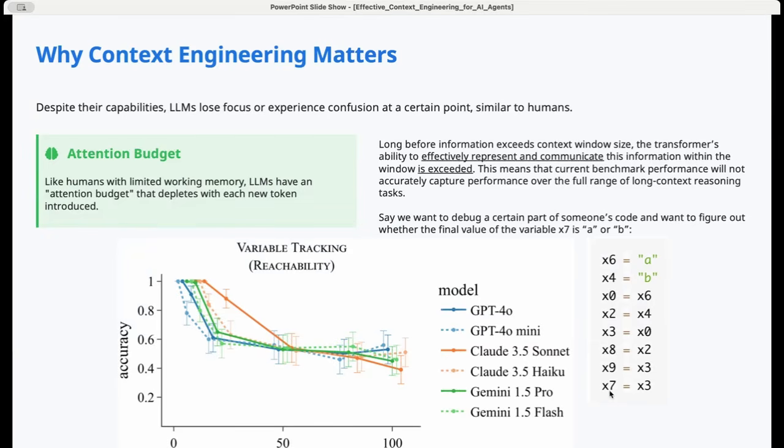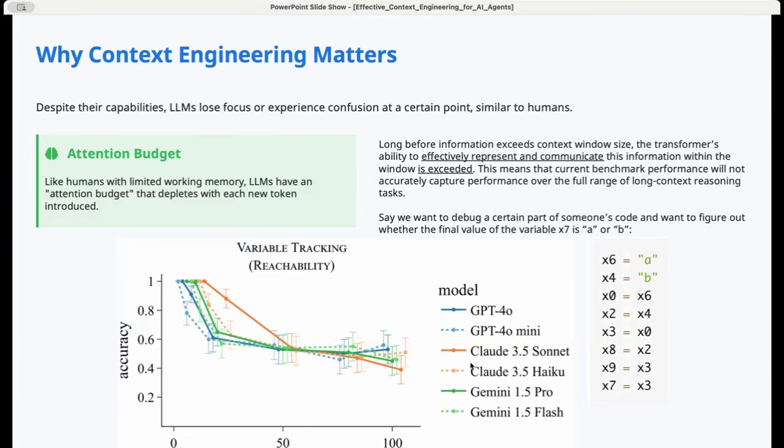In the end, you want to decide, after passing the variables to each other across all these steps, what is the final value for x7? Is it A or B? To answer this correctly, you need to follow the steps one by one, and then in the end you could answer whether x7 is A or B.